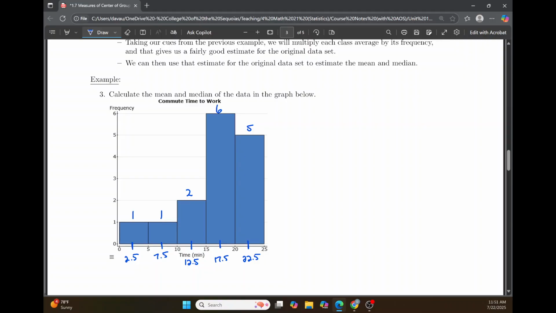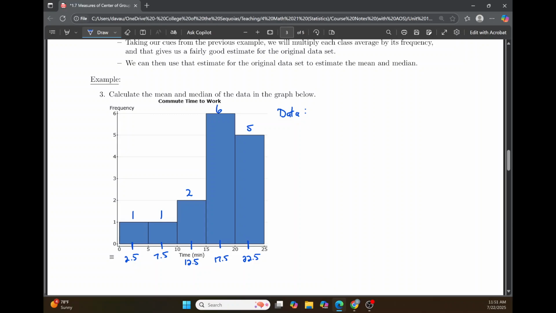Here are my solutions. First of all, if it's helpful, you can just write out what the data set would have looked like. And again, we don't have the exact values, so this is just a guess.